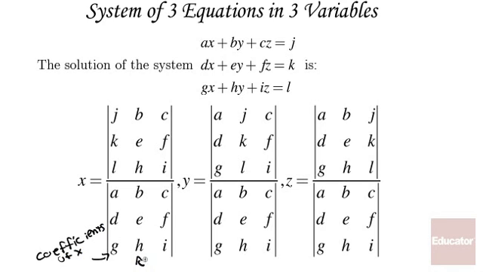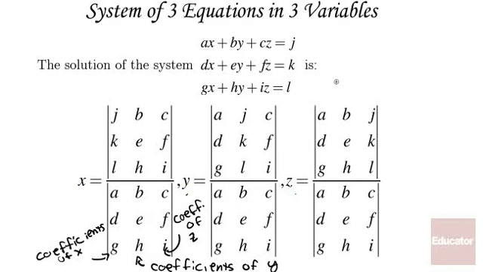This second column is coefficients of y, and the third is coefficients of z. And that is exactly the same whether you're looking for the variable x, y, or z.